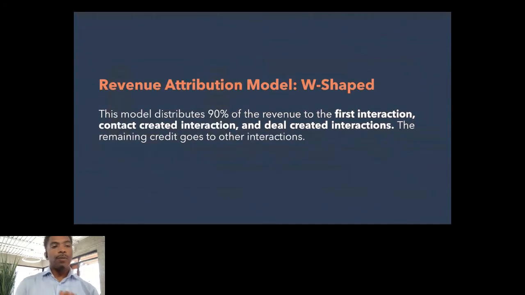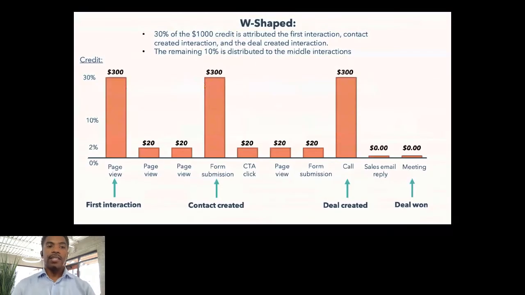And then a couple more, W-shaped model. W-shaped model distributes 90% of the revenue to the first interaction, basically contact creation and then deal created interactions. The remaining credit goes peanut butter spread across all the others. So again, you can see this here.